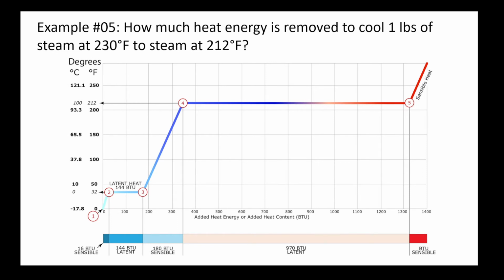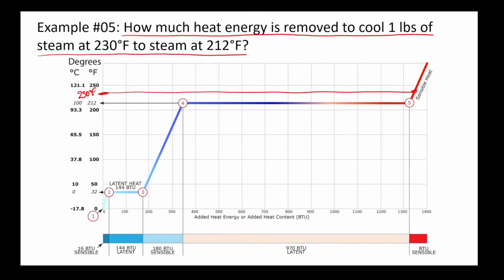The next one is how much heat energy is removed to cool 1 pound of steam at 230 degrees Fahrenheit to steam at 212 degrees Fahrenheit. You might think this is tricky. It's not necessarily tricky. Again, to decide the starting point, it's 230 degrees Fahrenheit, so we go to the graph and find the point right here.